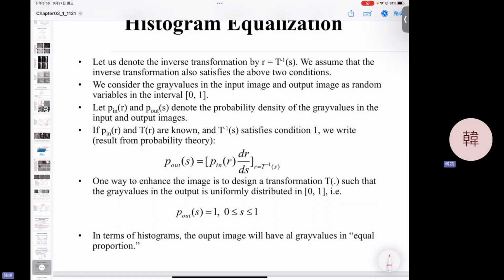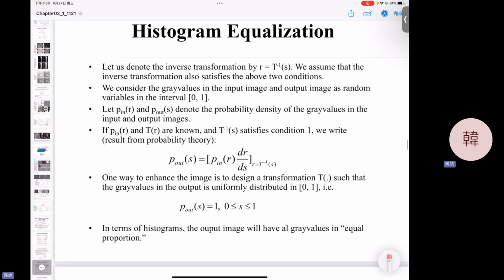I think I will derive this formula in the next class, and we just give you a very intuitive idea. So this is a probability transformation from one to the other. Actually, probability always has an area of 1. And if we have two different transformations, the area does not change.